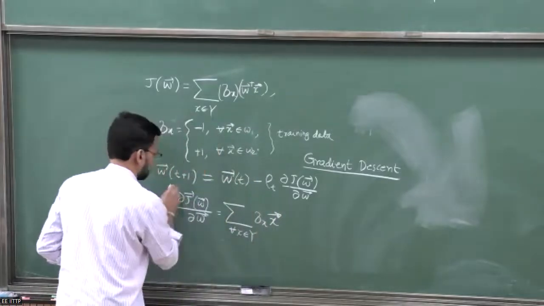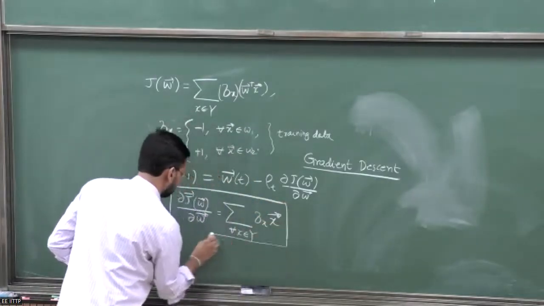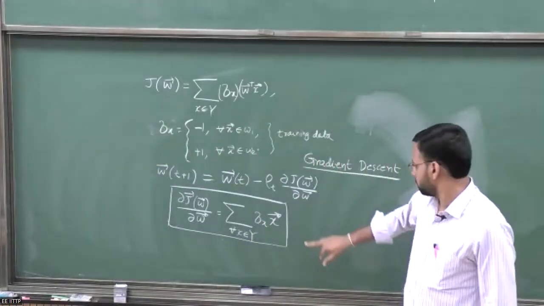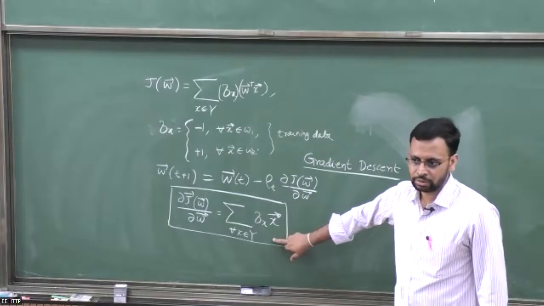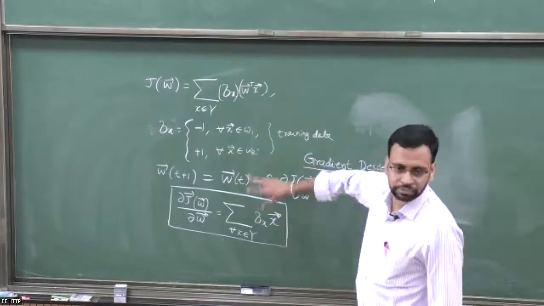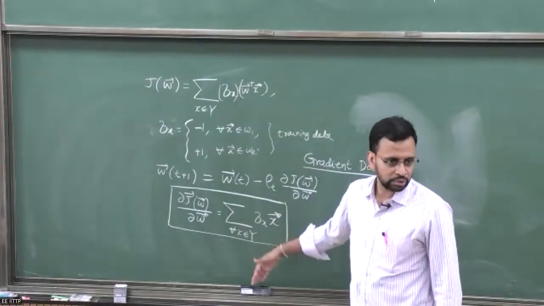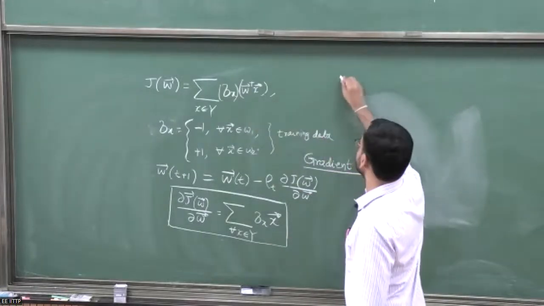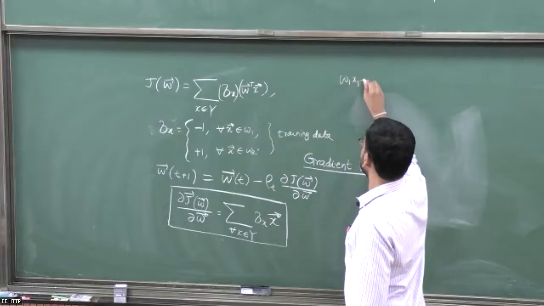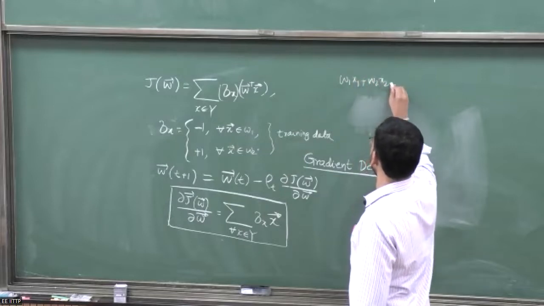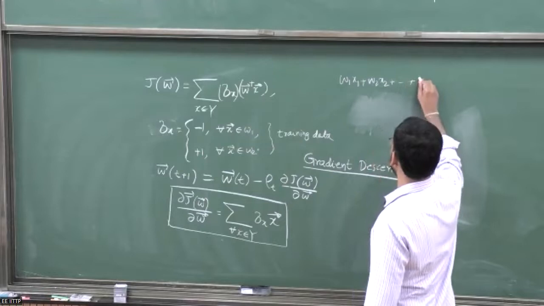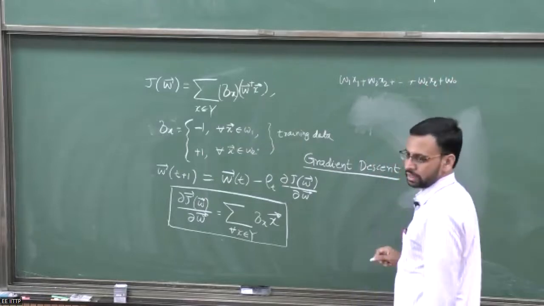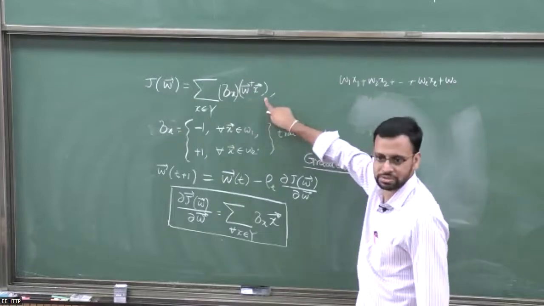Very important thing again. Is everybody able to clearly see why you arrive at this derivative? Look at it. If that is not very intuitive or obvious to you, think of writing it as w1 x1 plus w2 x2 and so on plus wL xL plus w0. This is of dimension 1.